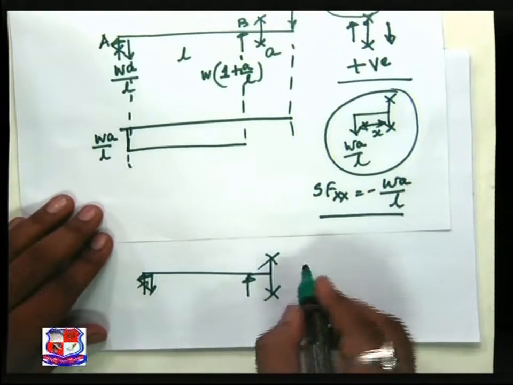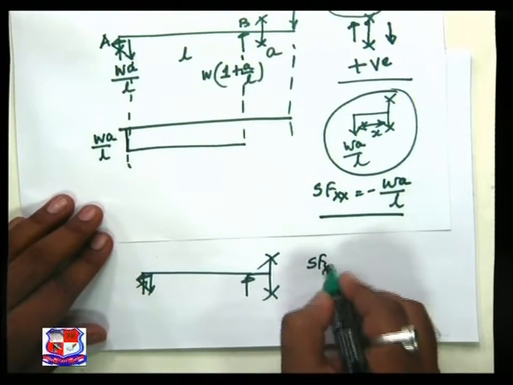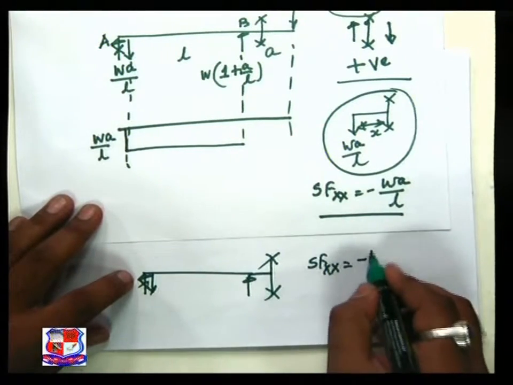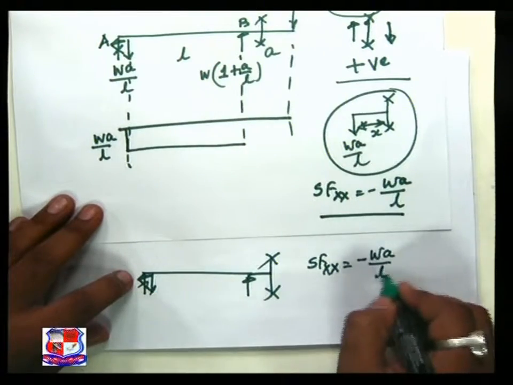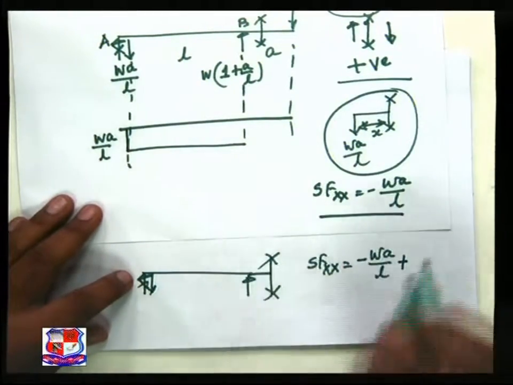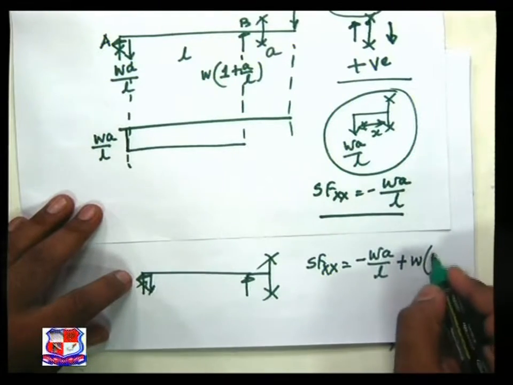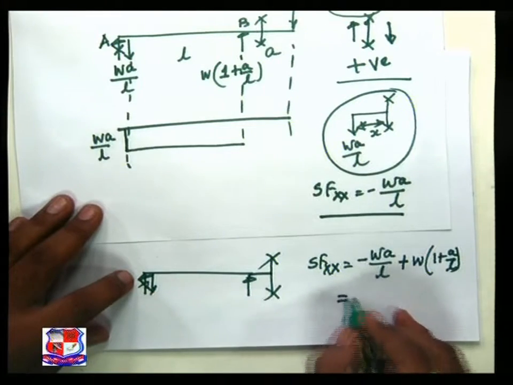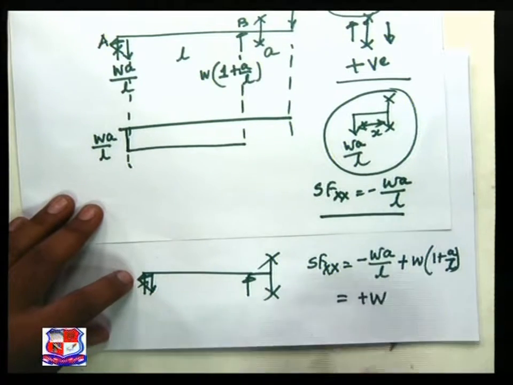And what is the shear force at xx? It is equal to section left downward, minus WA by L, plus this is upward, W(1 + A by L), and we get plus W.